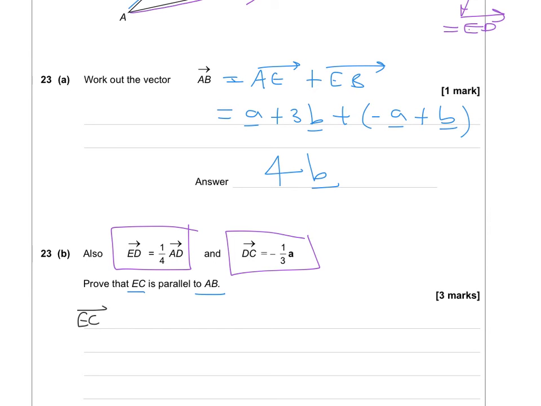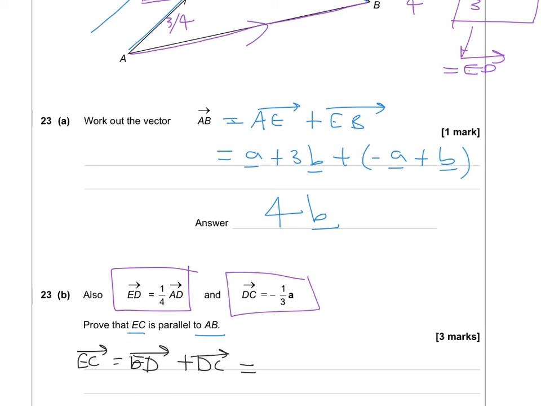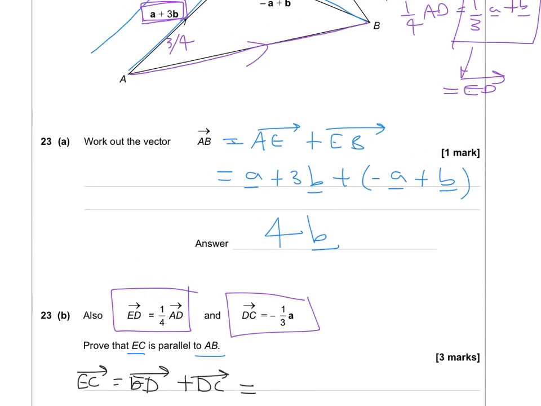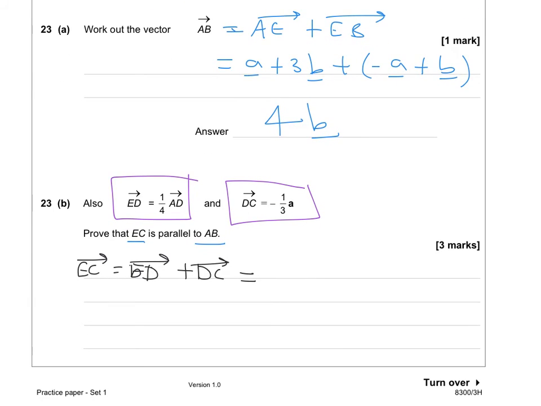So EC equals ED plus DC, which is 1/3 of a plus b plus negative a third of a. This simplifies to b.